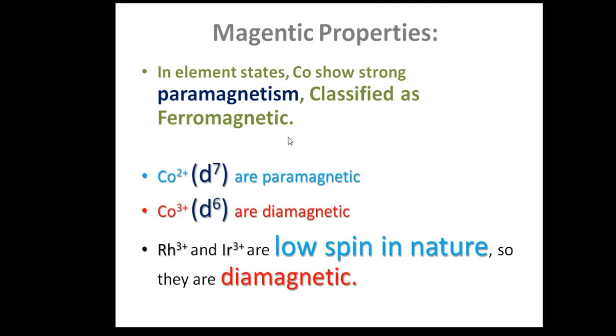Here we can see that the electronic configuration starting with yttrium to cadmium comprises the second transition series, and the electrons are usually filled in the 4d orbitals.